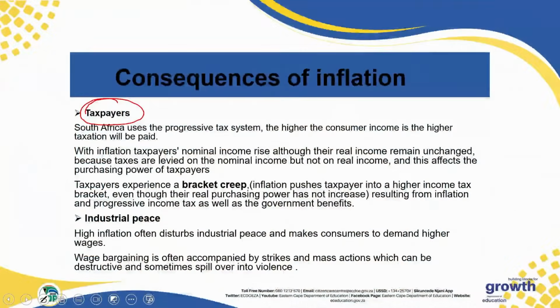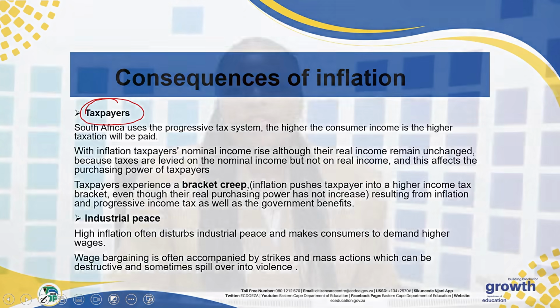Taxpayers, how are taxpayers affected by inflation? Remember that South Africa uses a progressive taxation system, which means that high income earners are taxed at a higher rate, and low income earners are taxed at a lower rate.